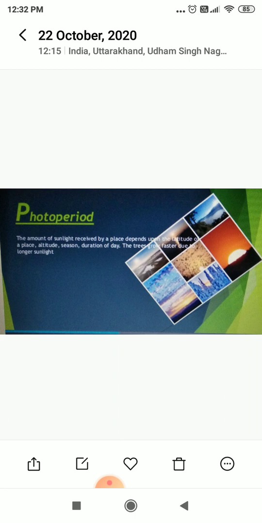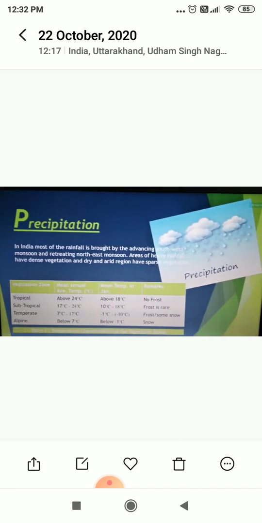Due to the longer duration of sunlight, trees grow faster in the summer season. You may not have ever observed it, but that's true. Is that clear? Now we will talk about the third point, that is precipitation.